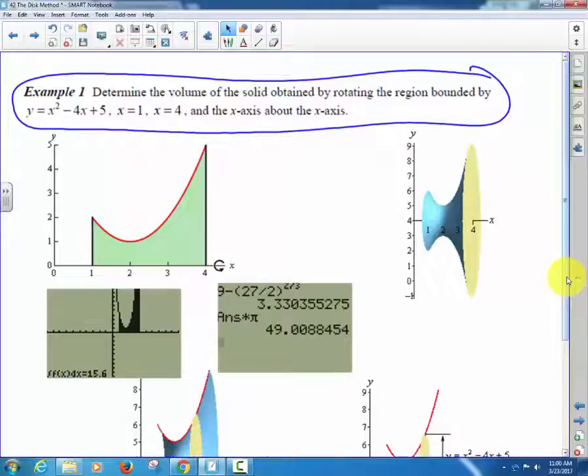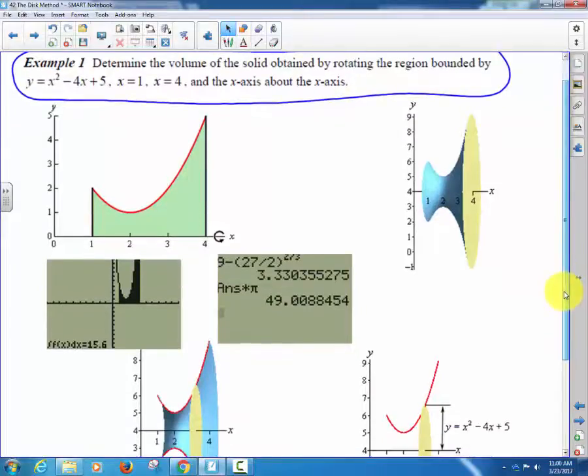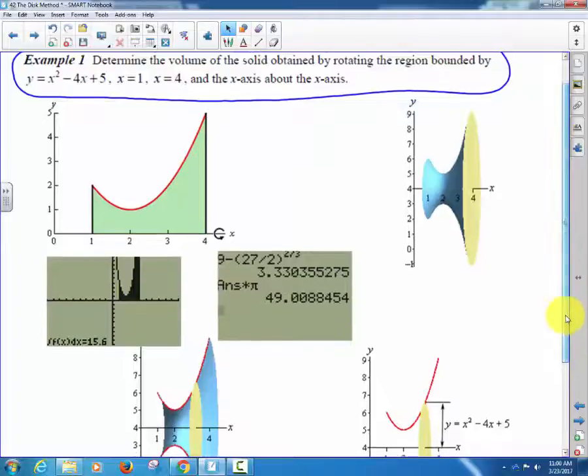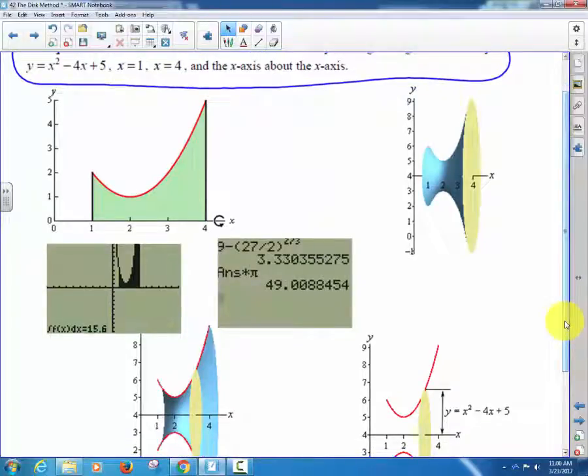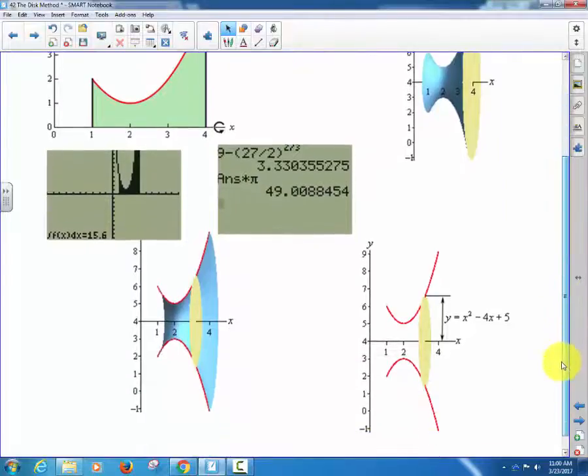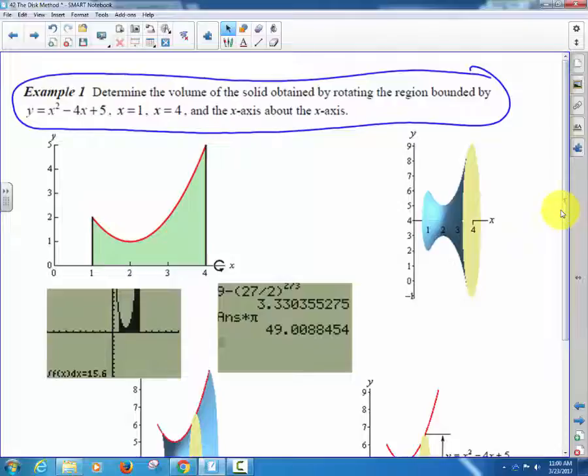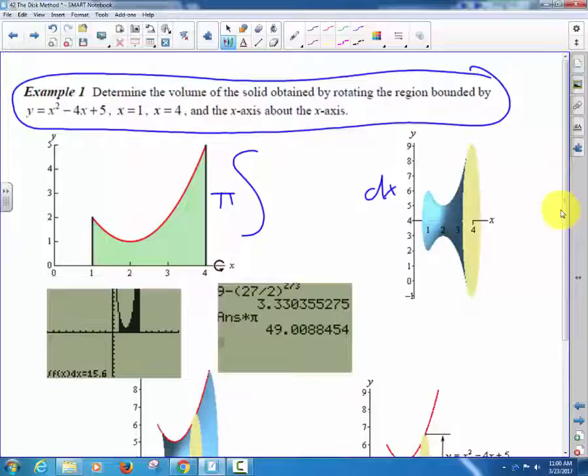Now, that's what these other figures on the board are trying to represent. If you were to rotate it around, you'd have something that looks kind of like this one on the right side here. But we need to find the volume of it, okay? So what's my integral going to look like to integrate here? I'm going to be integrating dx. I know it's got a pi.